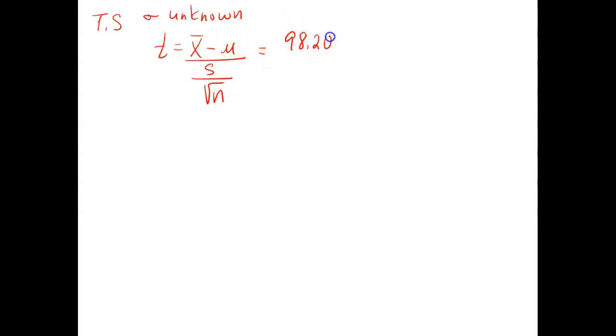Okay, we're ready to look at our test statistic for this problem. So our test statistic on this one, because sigma was still unknown, we're going to use a t-test statistic, which is X bar minus the mean divided by S over the square root of N. So my X bar in this case was 98.2.